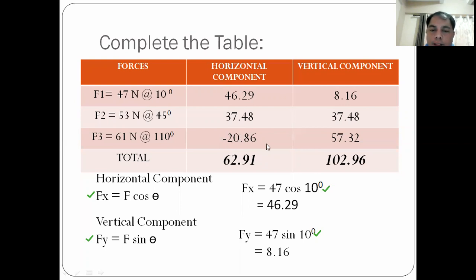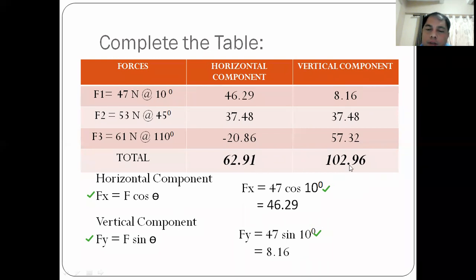We will not disregard it. However, its vertical component, 61 sine of 110, will be 57.32. Now, adding these values together gives us the total horizontal component and the total vertical component. So 62.91 is our total horizontal component, while 102.96 is our total vertical component.